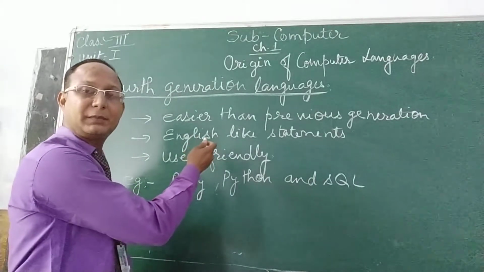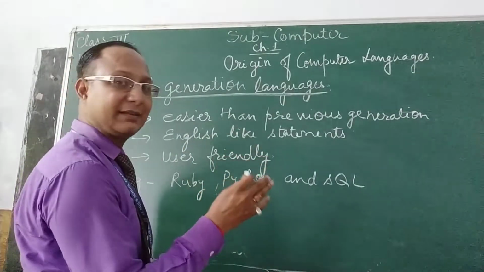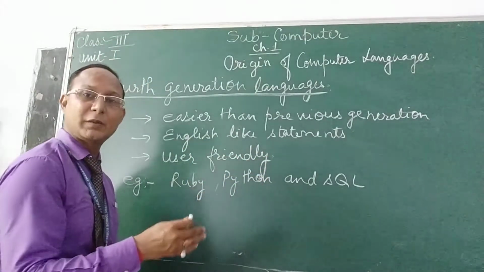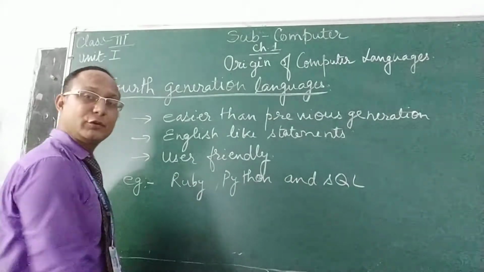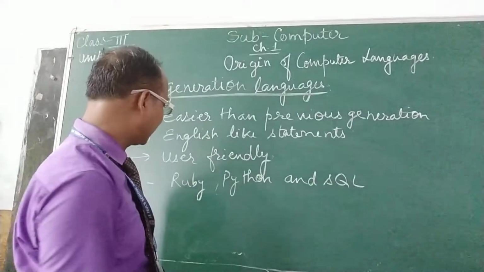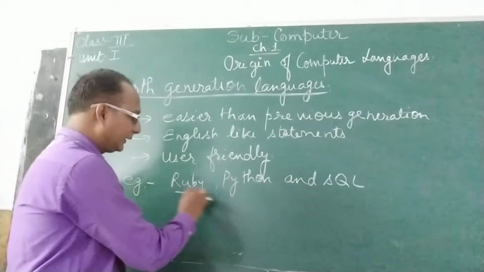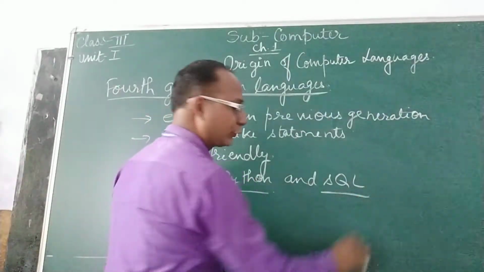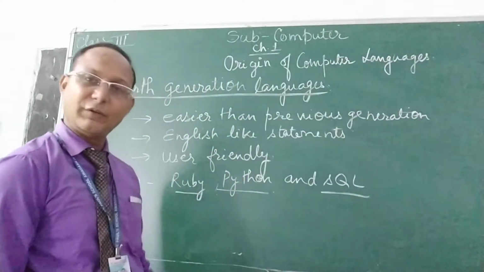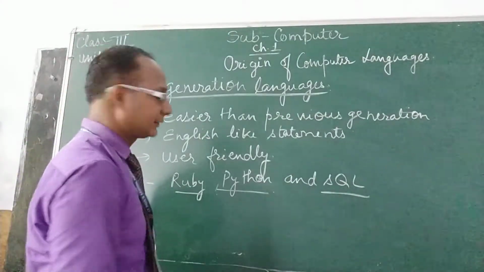English-like statement means statements near to humans that are easily understandable by humans. This is user-friendly, easy to understand by the user or a programmer. The examples of this generation of languages are Ruby, Python and SQL. These are the examples of fourth generation languages. Okay?